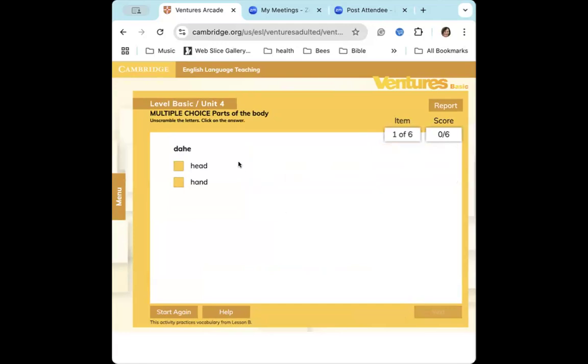Okay. What does this spell? Head or hand? I think it's head. Okay. Now, what is that one? What does that spell? Okay, there's 6 of them. You do each one of these.